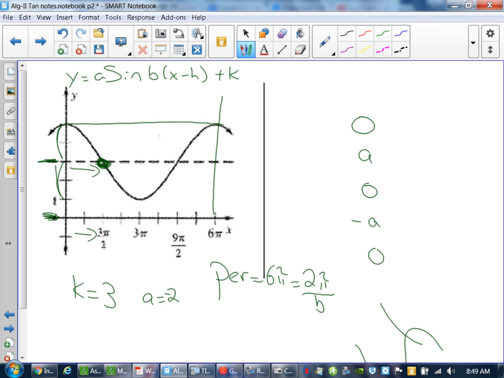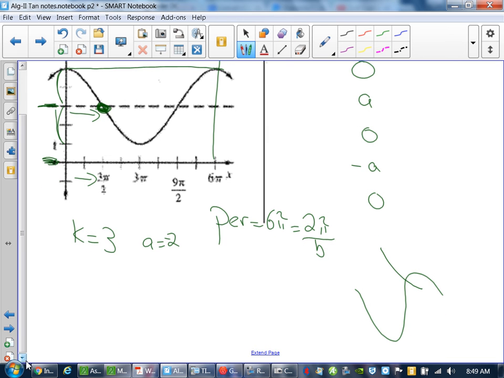You all right with that? Which gives me a b value of what? 1/3, very good. So I have a b value of 1/3. And my h value, I move to the right 3 pi over 2. And now I have everything to put it together.